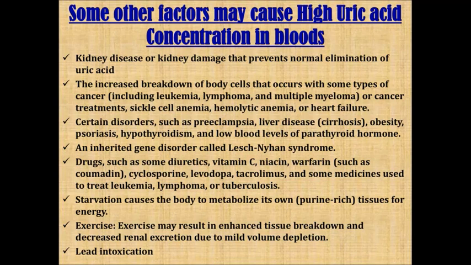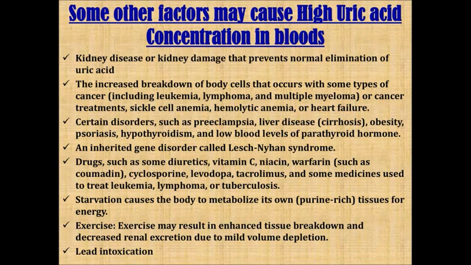Our body cells have RNA and DNA in them, which contain purine bases, so rapid breakdown of such cells, which happens in cancer, sickle cell anemia, and hemolytic anemia, increases the uric acid formation, which in turn increases the uric acid levels in our body.